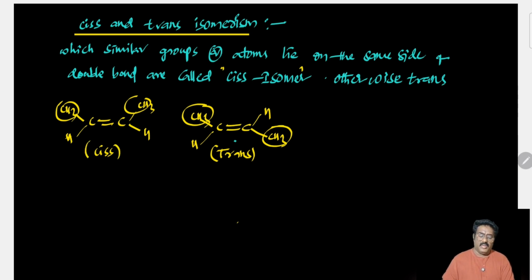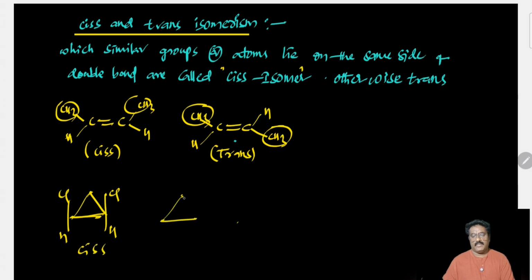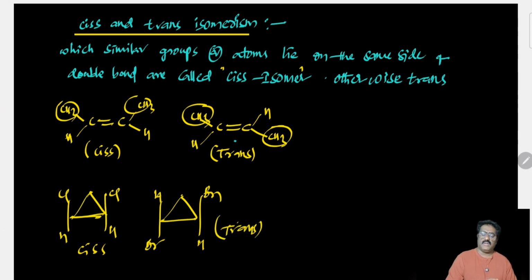Have a look at this example. It is chlorine, hydrogen, chlorine, hydrogen. Same groups on the same side. What is it? Cis. Next, it is H, Br, Br, H. Same groups on opposite sides, that is a trans. Have a look at this example.